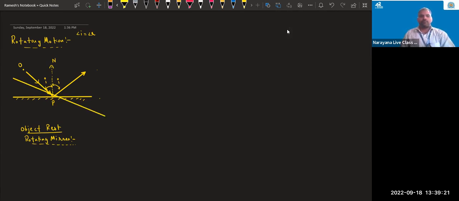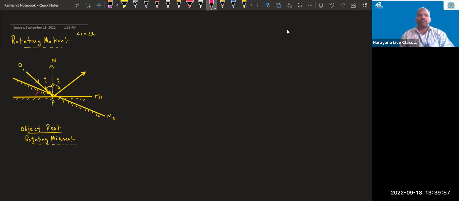This is the new position of the mirror. M1 is the initial position of the mirror. M2 is the new position of the mirror. And what about M2? Final position of the mirror.